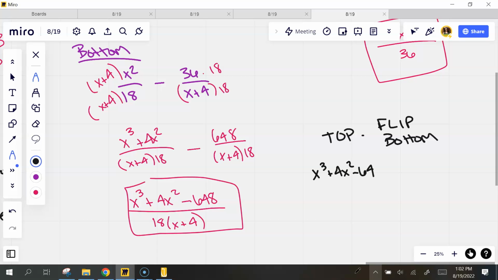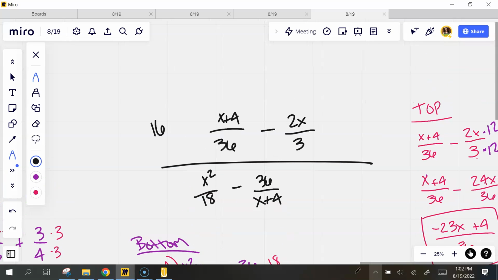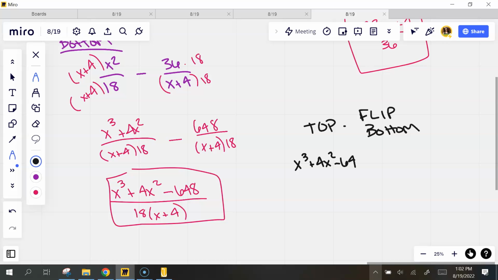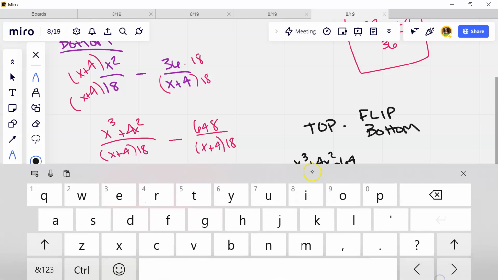Because this is a fraction, top divided by bottom, instead of dividing by the bottom, I just do the top and then multiply by the reciprocal of the bottom.